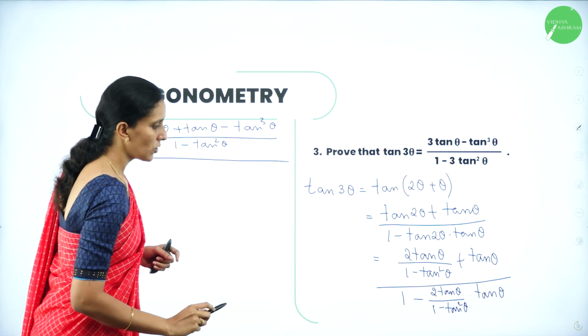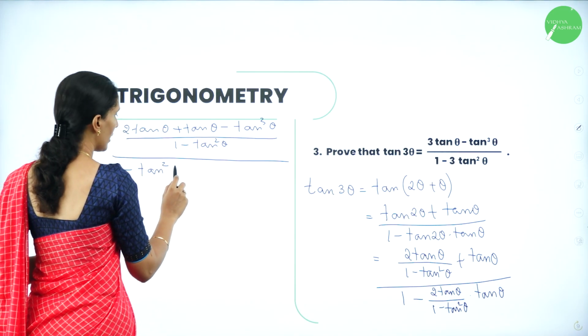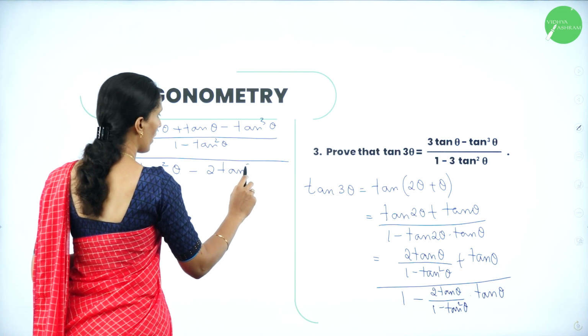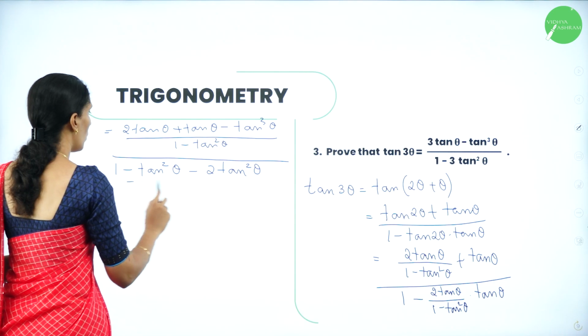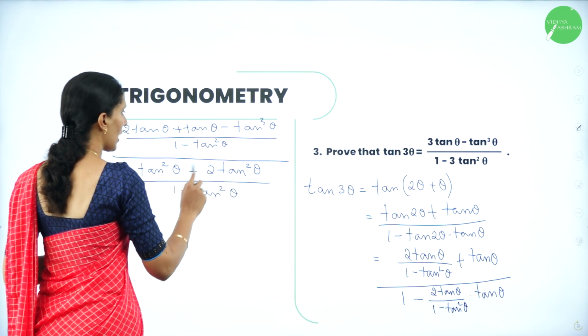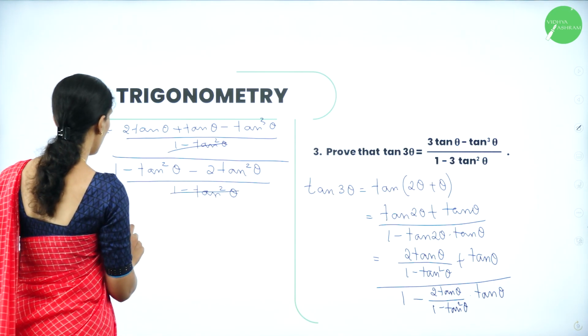So, same in terms of denominator also, it is 1 minus tan square theta minus 2 tan square theta. So, whole divided by 1 minus tan square theta. We can cancel 1 minus tan square theta, 1 minus tan square theta.